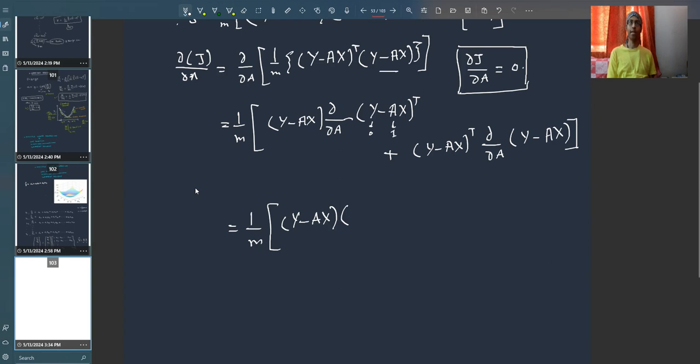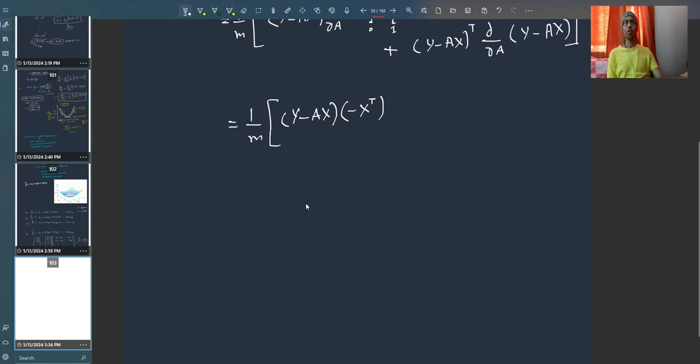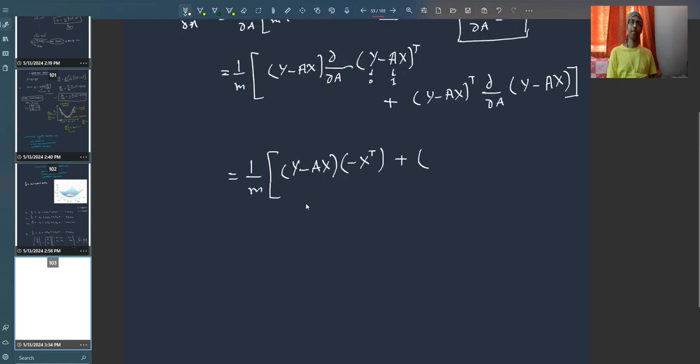So only x remains and its sign remains. If you are acquainted with calculus, you would know what I am talking about. Otherwise, no worries, we can go into the expressions directly. You can skip this portion also. Plus y minus ax transpose, del of this will mean minus x.